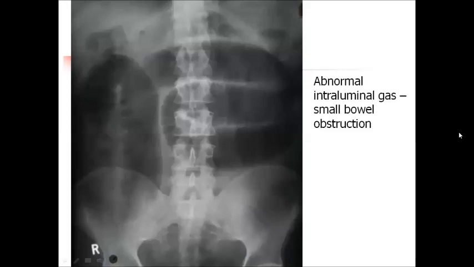Here is an example of an abnormal amount of intraluminal gas in small bowel loops as a sign of small bowel obstruction.